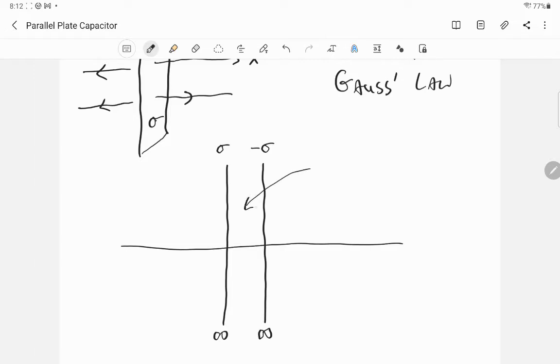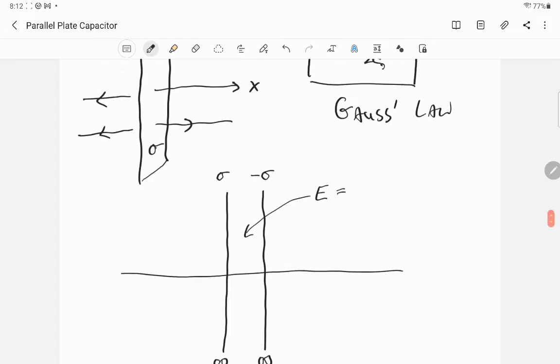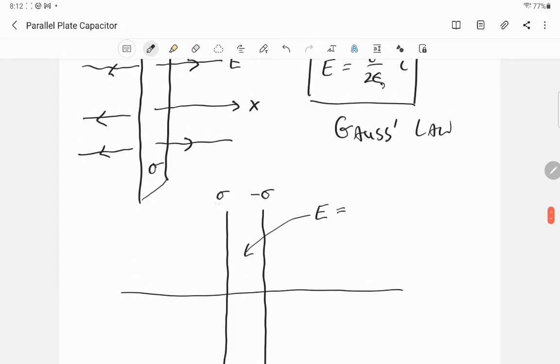Then in between the plates, the electric field is going to be, because of the positive sigma, the electric field is this way, and because of the negative sigma, right over here on the right hand side, that electric field is also that way.